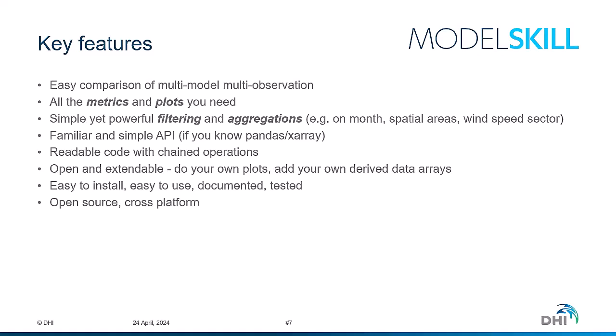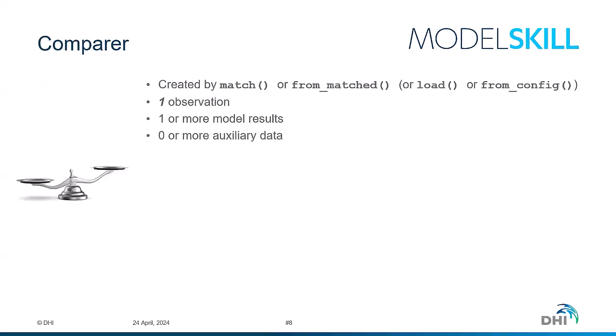Let's now look a bit closer at the comparer, because that is the key object after you have compared or matched your data. So you can get a comparer either from the match method that I will show in a minute, or from the from_matched that Henrik showed. There are also, in parentheses here, a loads and a from_config, because if you have hundreds of measurements, maybe you don't want to write them in by code, maybe you want to load them from a configuration file.